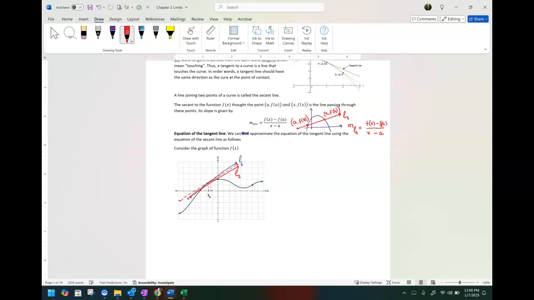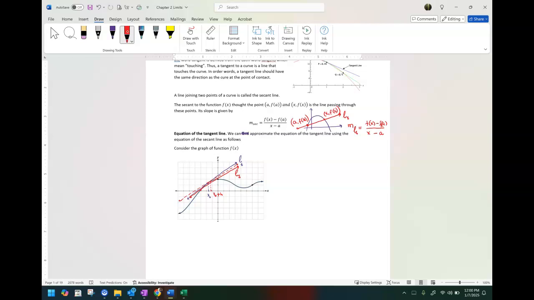Let's call this value x naught plus h. As x naught plus h becomes closer and closer to x naught, the secant line passing through the points (x naught, f of x naught) and (x naught plus h, f of x naught plus h) will closely become the equation of the tangent line itself.